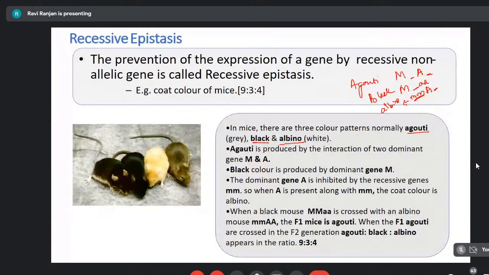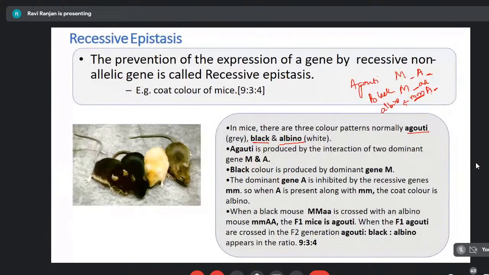No color will be produced. Why? Because this capital A is producing some color because of which you get a gray color. But in the presence of the recessive set of small m gene, it is not able to express itself, right? So the recessive non-allelic gene is inhibiting the expression of A. So you get albino, right?